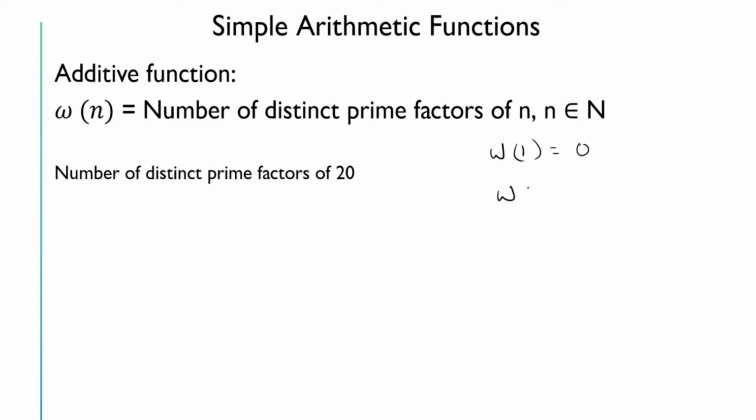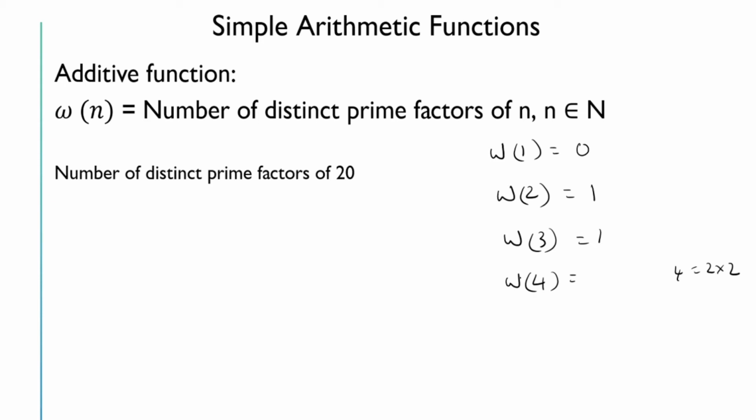Next we have omega of 2. 2 has one prime factor, which is 2, so omega of 2 is 1. Omega of 3 is again 1 because 3 has only one distinct prime factor. Now let us see omega of 4. 4 is 2 into 2, so the number of distinct prime factors of 4 is only 1, that is, only this 2.